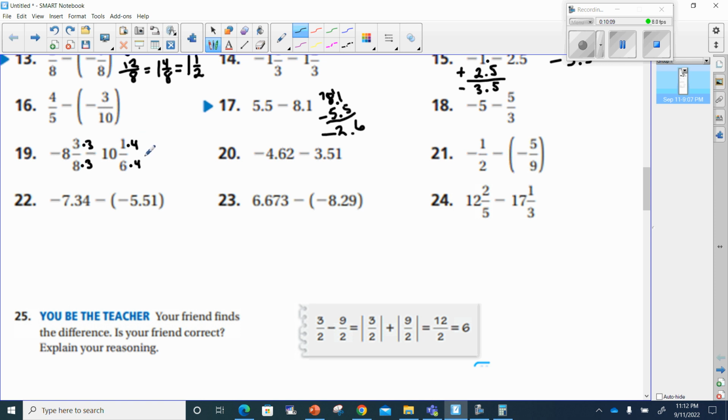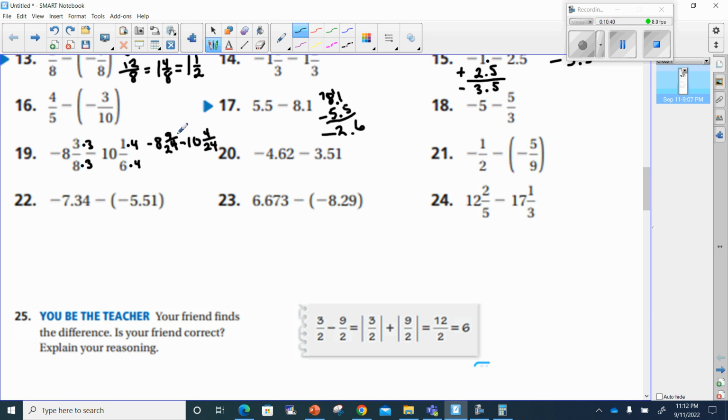So now this is going to equal negative 8, and 3 times 3 is 9. That'll be 9 over 24. And then we're going to be subtracting 10, and 1 times 4 is 4. And then 6 times 4 is 24.